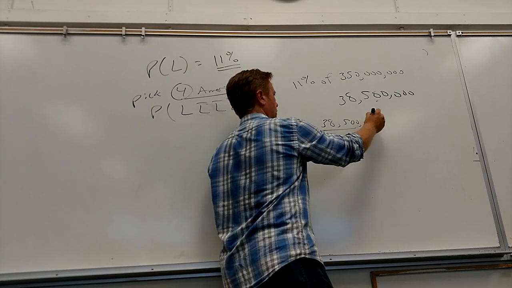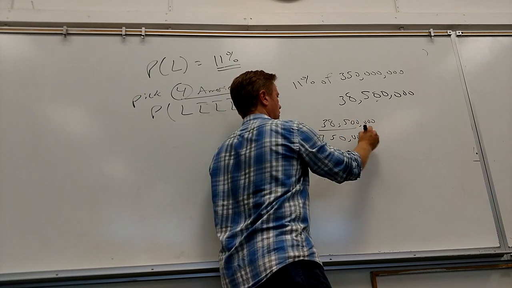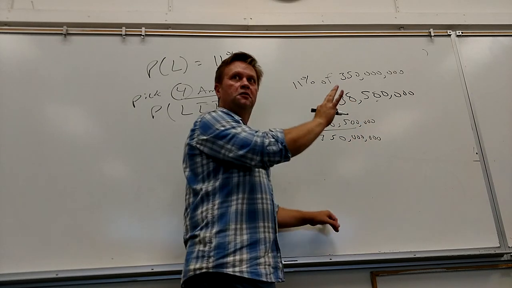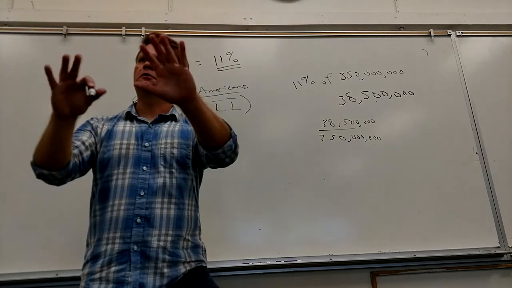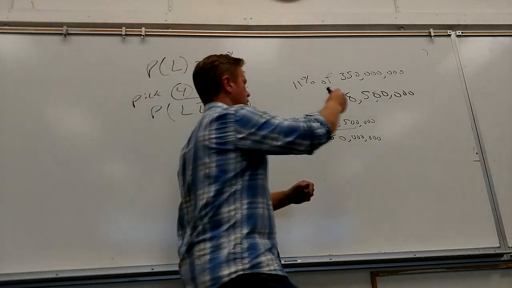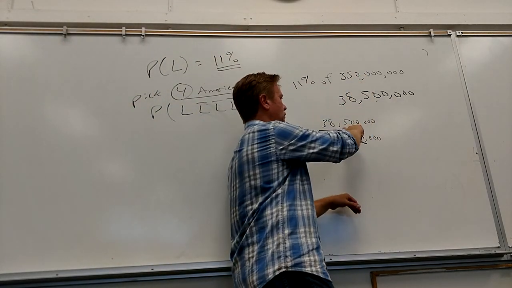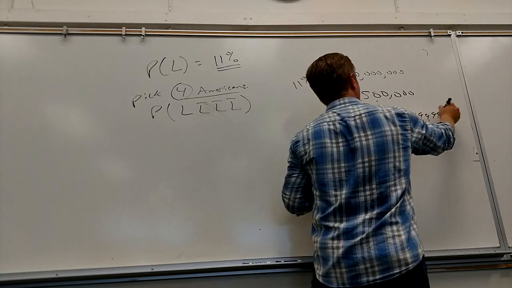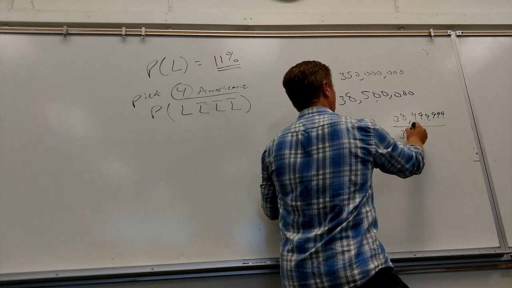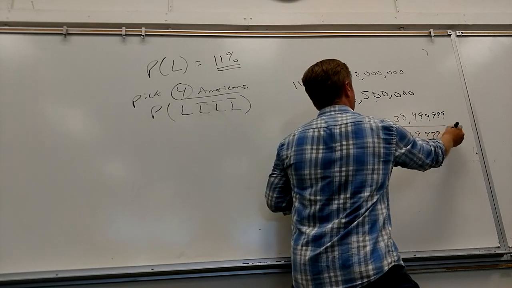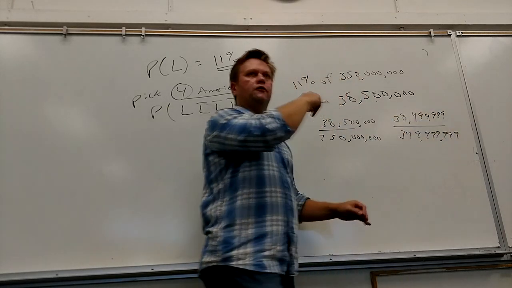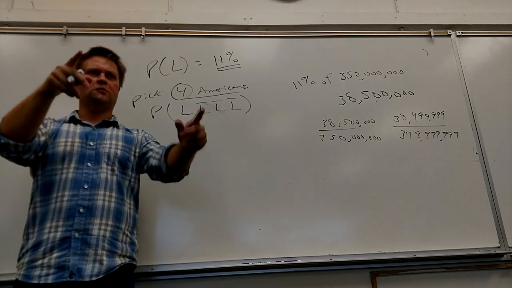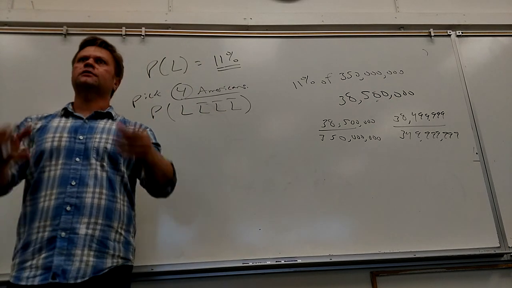Let me write it all out. That's 11%. This is a little boring, but I want to really show you the math. If I take one left-hander, now I've got 38,499,999 out of 349,999,999.